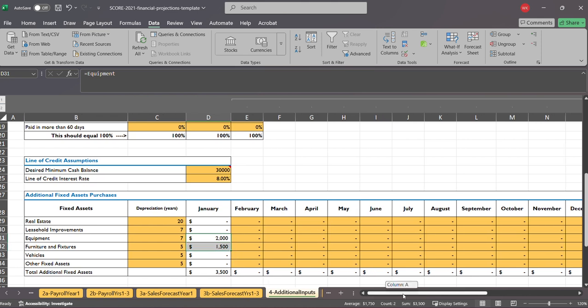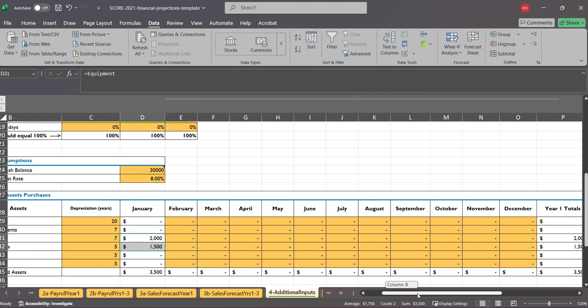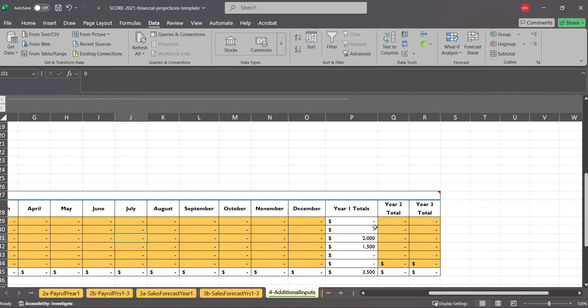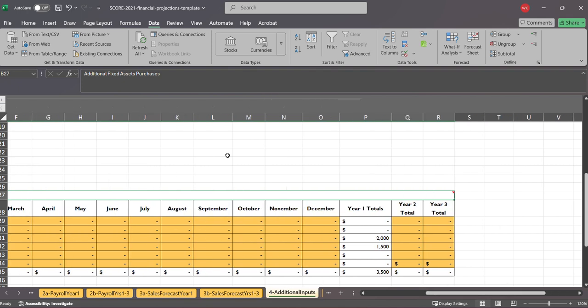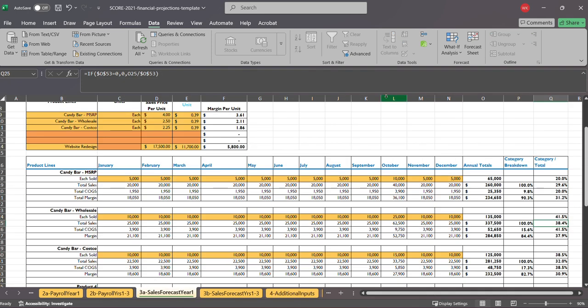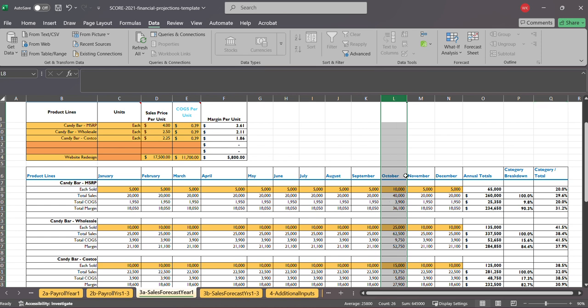In this section, you'll see or decide if you need to buy more equipment throughout the year, and then also the second and third years. Let's see, what does it say? It says, use this space to add items purchased after the date of the starting point, tab 1A. So I know that there's like a spike in sales and production for October.